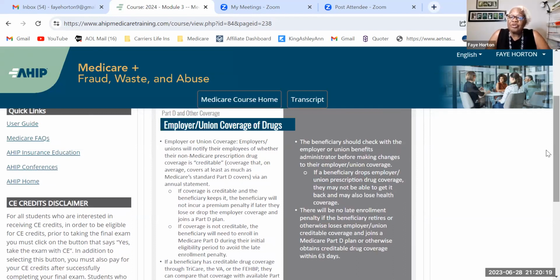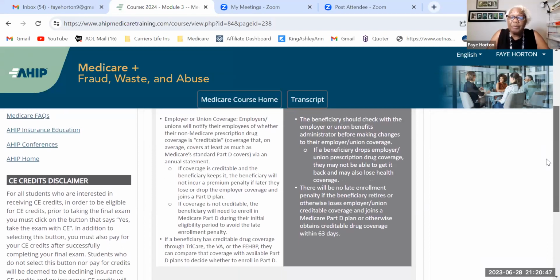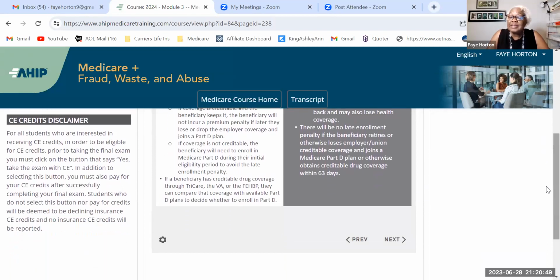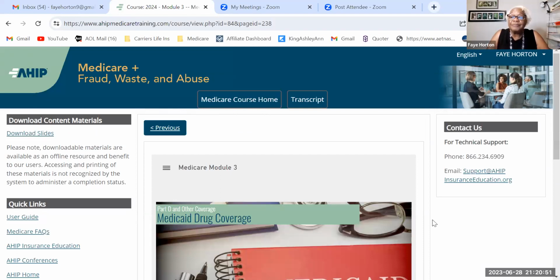If a beneficiary drops the employer or union coverage, they may not be able to get it back and may also lose other health coverage. There will be no late enrollment penalty if the beneficiary retires or otherwise loses employer or union credible coverage and joins a Medicare Part D plan, or otherwise obtains credible drug coverage within 63 days.